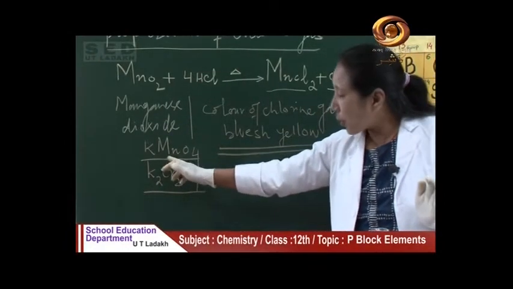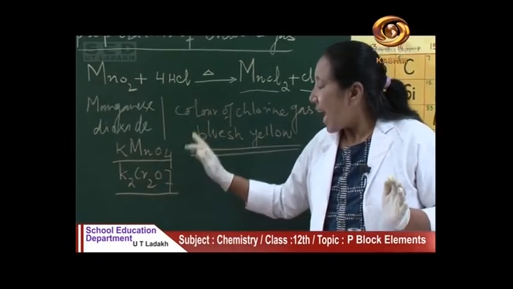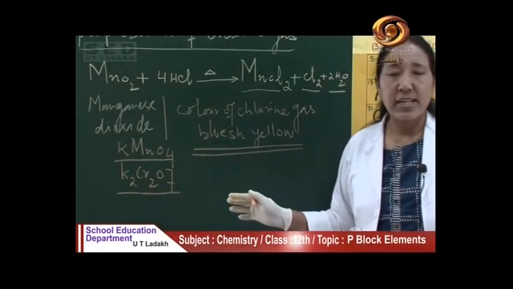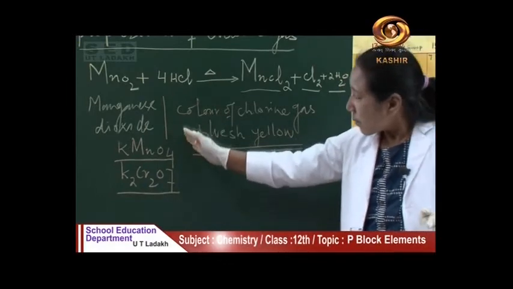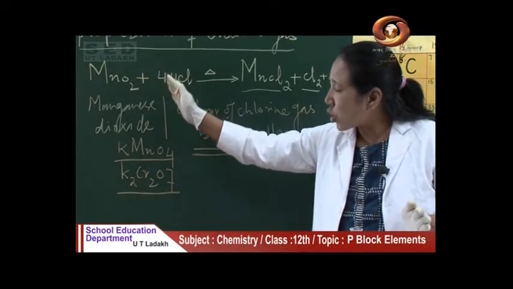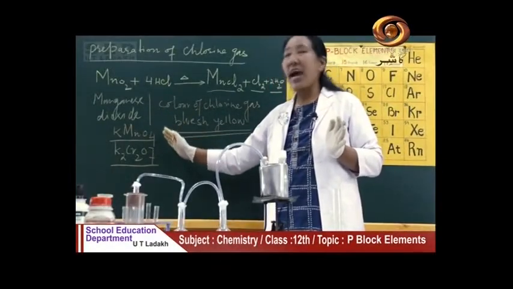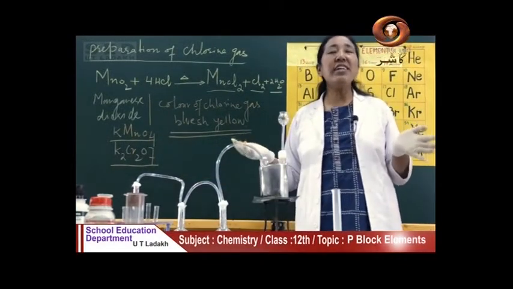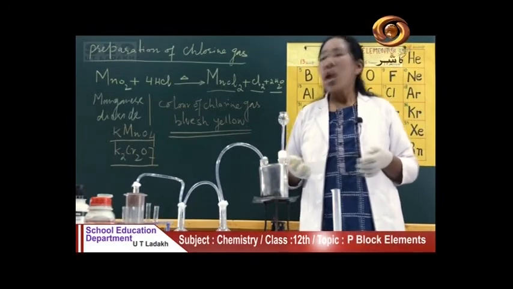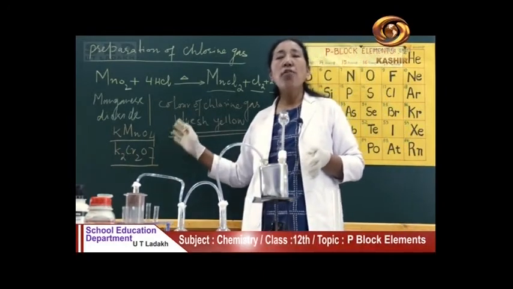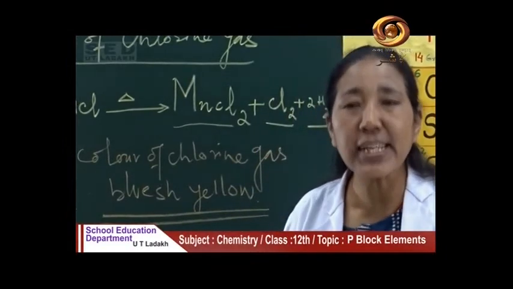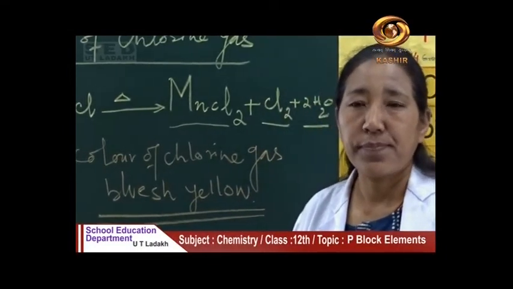First is potassium permanganate, and another one is potassium dichromate. Instead of MnO2, we can prepare it with these two processes on a large scale. If we need chlorine on a large scale, we use KMnO4. I already discussed that it has great utility in industrial chemistry.